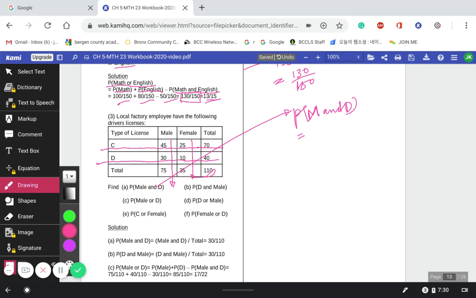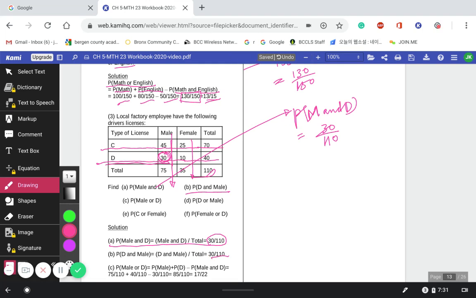So it would be 30 out of total 110. If you are looking for D and male, you actually get the number which is common between D and male, which is 30 out of 110 again. So male and D is the same as D and male. So order doesn't matter. Okay, so these two are the same.